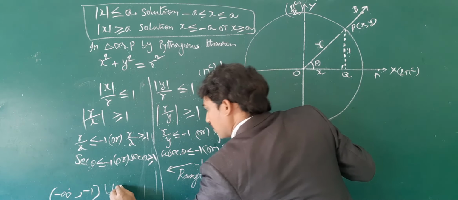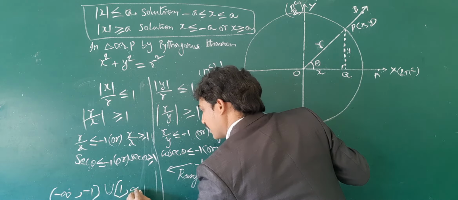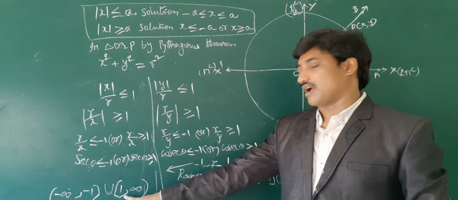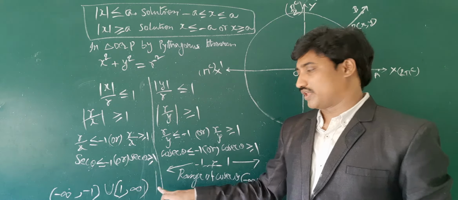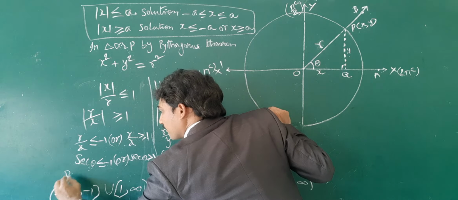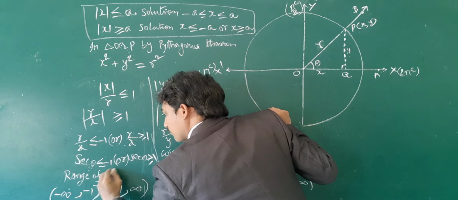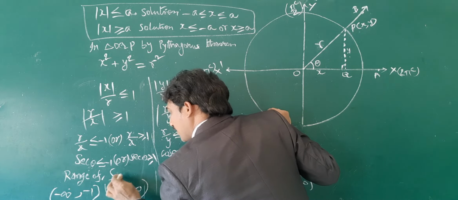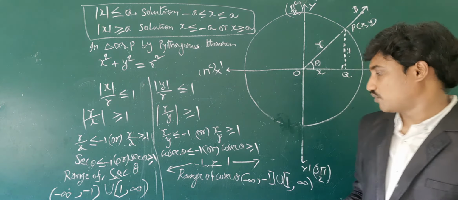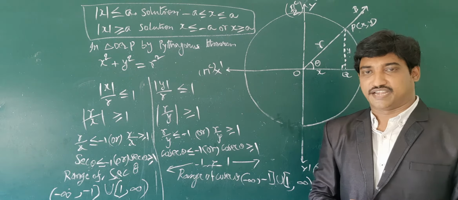That means closed bracket 1 and open bracket infinity. It means secant theta takes the value 1 or a real number more than 1. It is the range of secant theta. It is about the range of cosecant theta and the range of secant theta.